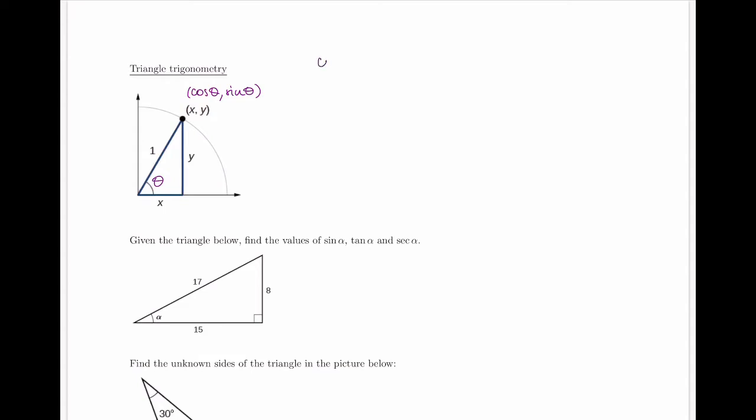So let's write this down. In our picture here, cosine can be defined as x over 1, and sine can be thought of as y over 1, which will, of course, then generalize to cosine of the angle in the triangle being defined as the ratio of adjacent side to the hypotenuse.